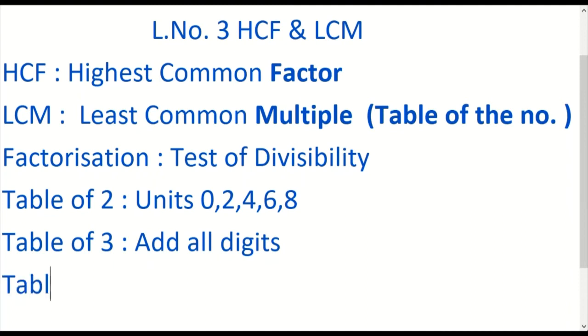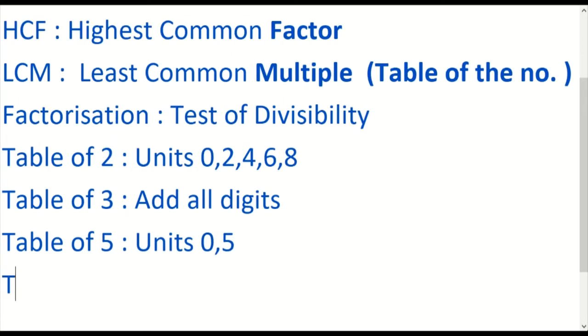To check for the table of 5, the units place should have the digit 0 or 5. To check for the table of 10, you need to have the unit digit as 0. So this is a quick revision, but if you want to see the detailed video, you can check it out.